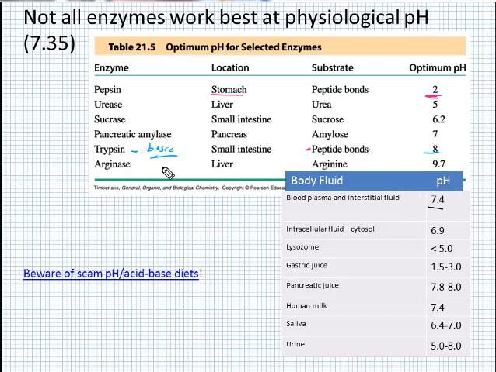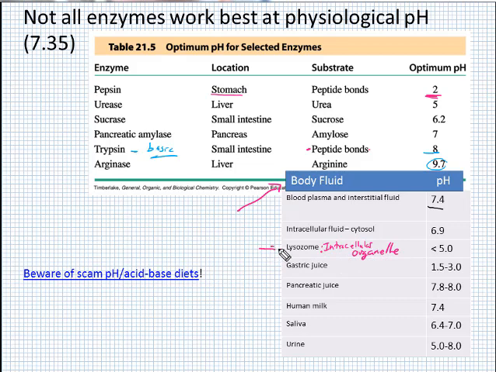Likewise, arginase is in the liver, very high pH optimum, 9.7. Some of these others are not quite as noticeable, and again, that's because all these body fluids have different pHs. A couple of these, the lysosome, for example, is an intracellular organelle. If you remember your cell biology, we have a nucleus, for example, where the DNA is kept.